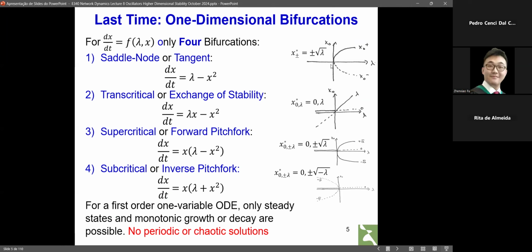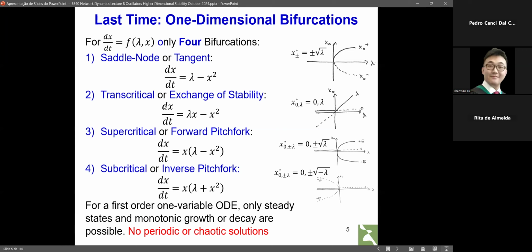Saddle because you see there is this curve that just tangentially touches the x-axis, and from here there is no solution. From here, then you have 2 solutions: one is stable and one is not stable.